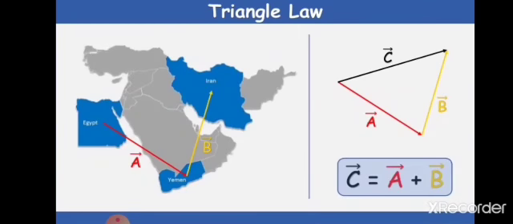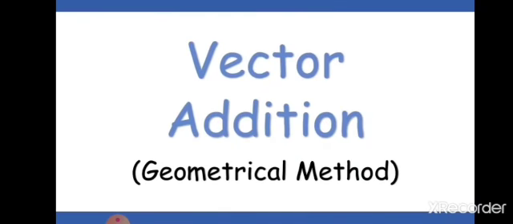Since vectors possess direction in addition to magnitude, they cannot be added by the simple rules of algebra applicable to scalars. That rule is applicable only for scalars, not for vectors.